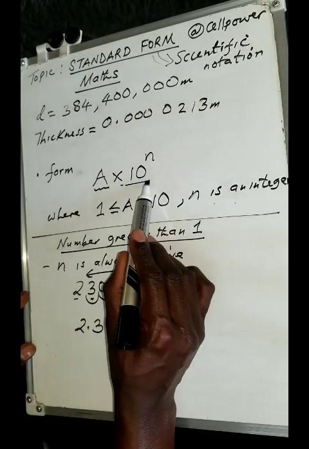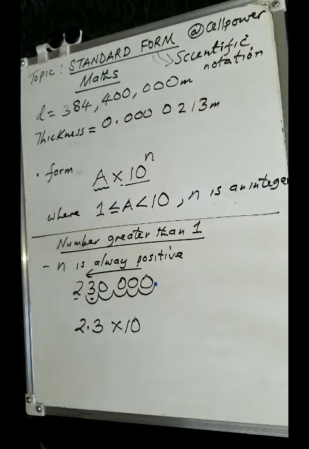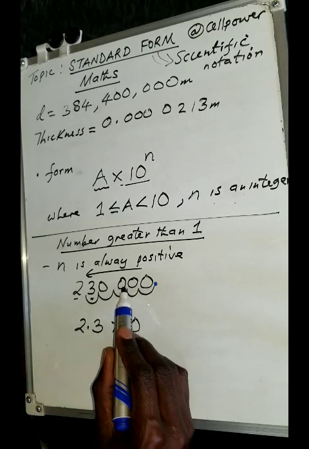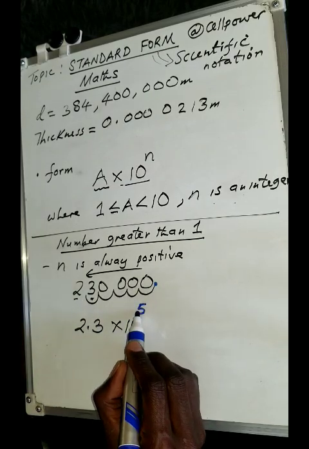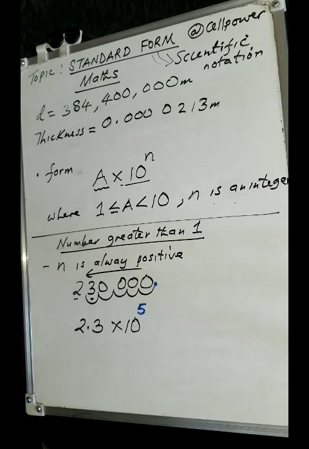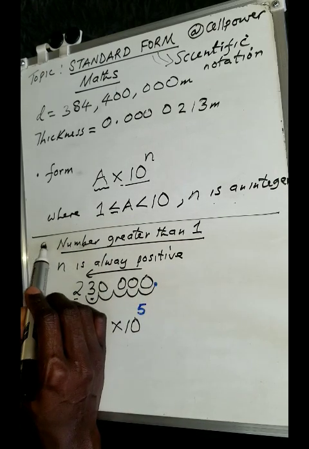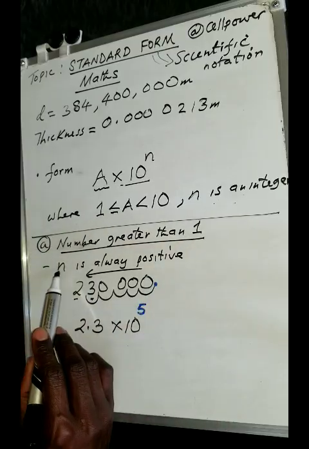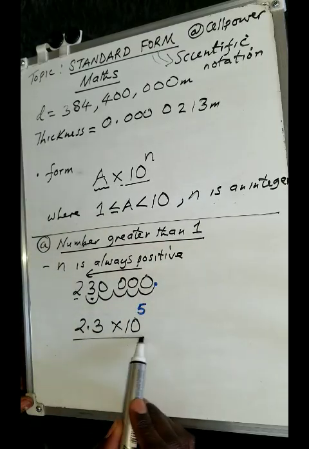Then you say times 10 to the power what? How many times have we moved this decimal point? 1, 2, 3, 4, 5. So it is raised to the power 5. That's what we mean there. Remember, when the number you are dealing with is greater than 1, then n is always positive.